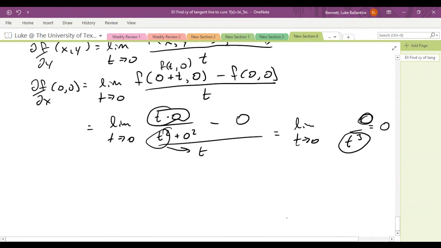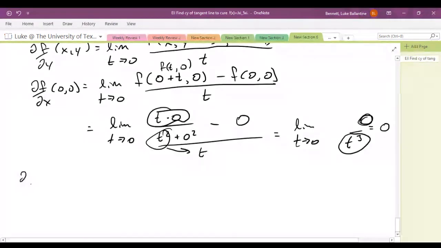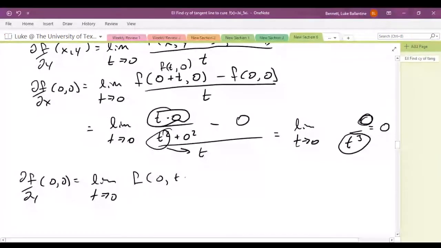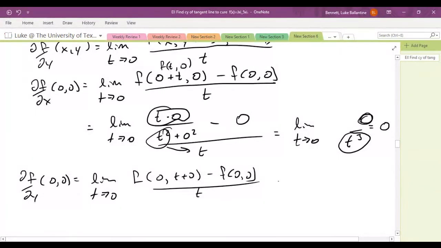It can also be shown for y, so we're going to do that with partial f with respect to y at 0, 0, limit t approaches 0, f(0, t plus 0) minus f of 0, 0 over t. So what do we get?